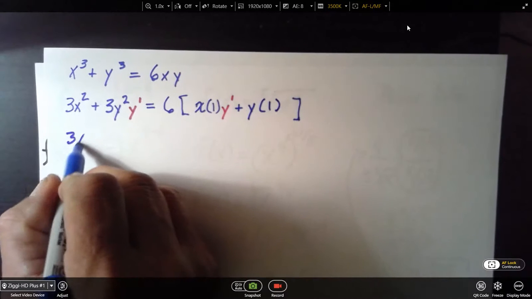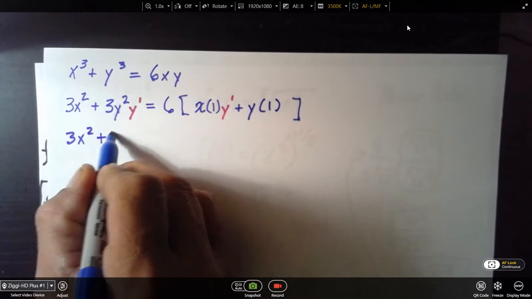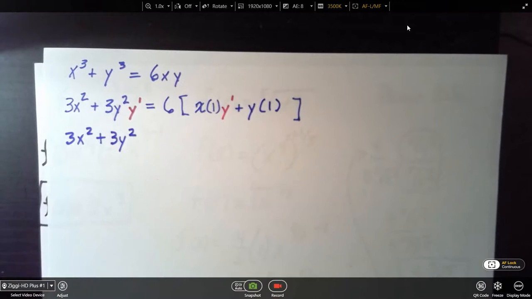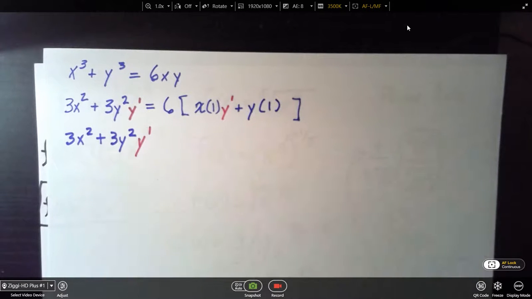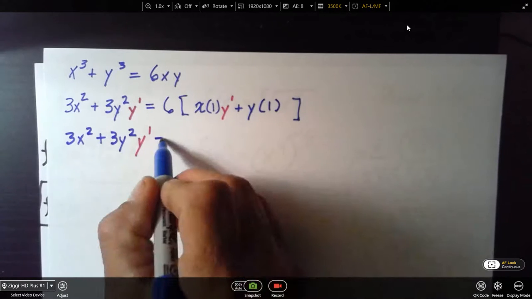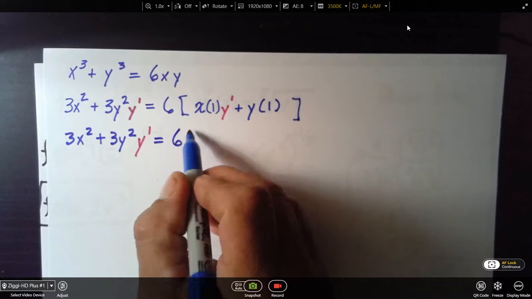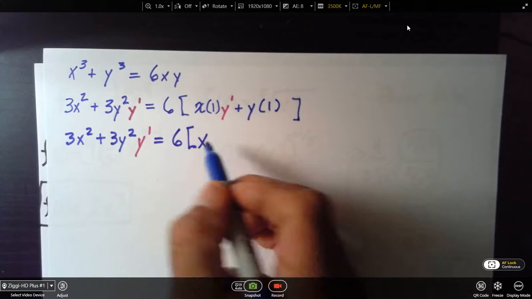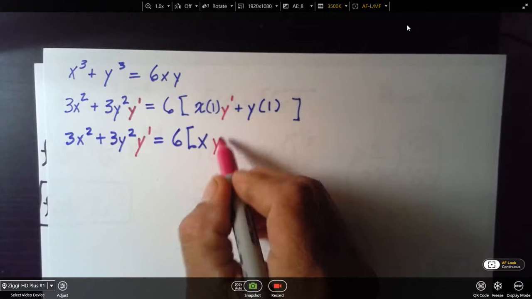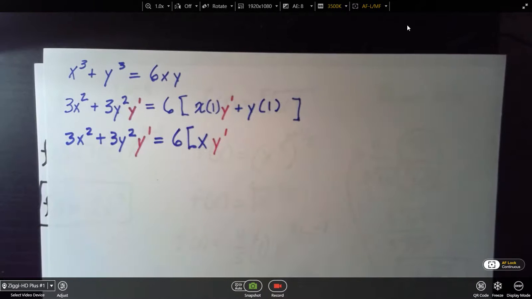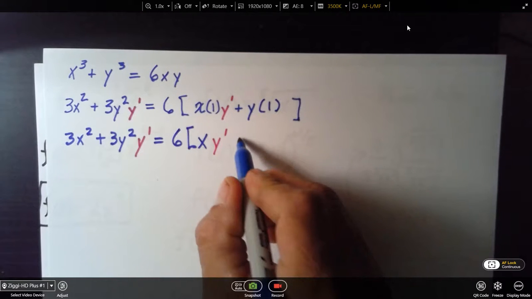So 3x squared plus 3y squared y prime is equal to 6 brackets x y prime plus y.